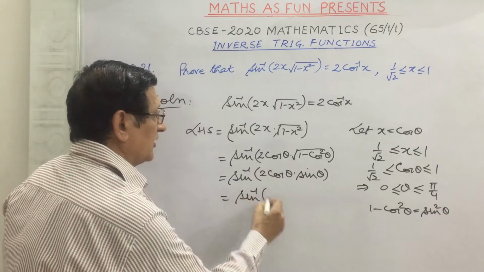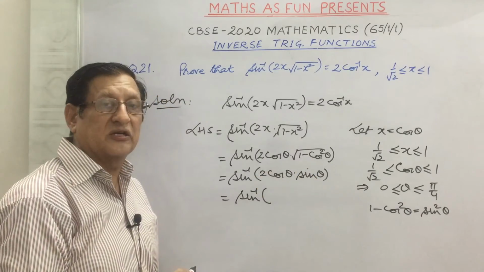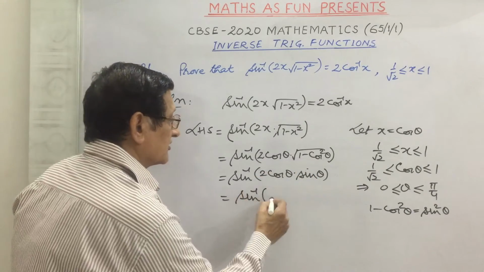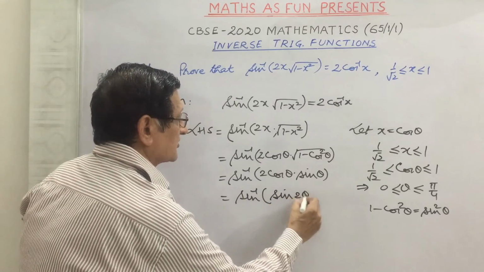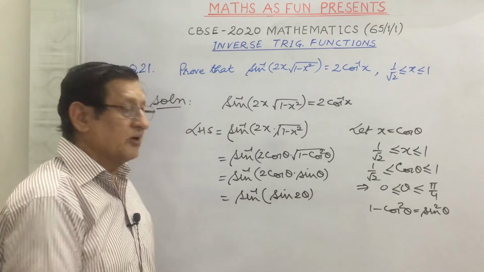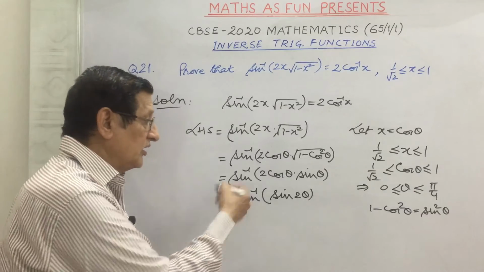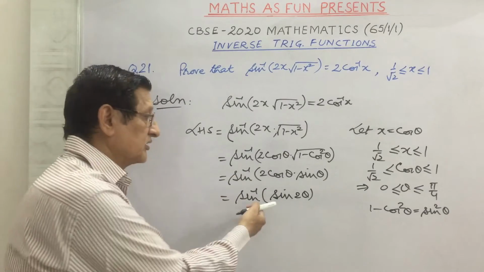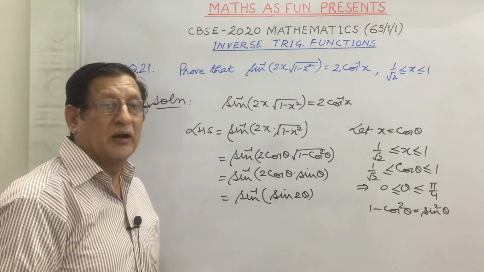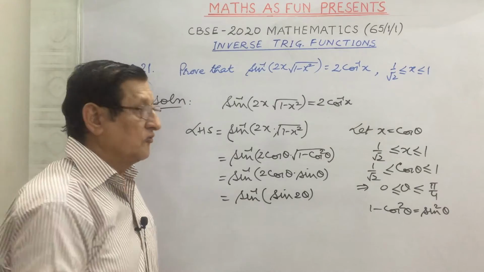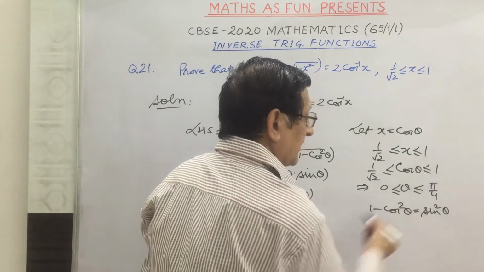Do we know the formula that 2 cos theta into sine theta is sine 2 theta? So we can write this as sine inverse sine 2 theta. But we can write 2 theta only if 2 theta lies between minus pi by 2 to pi by 2. For that, let's see where theta lies.